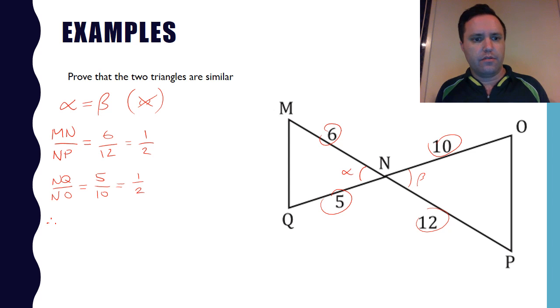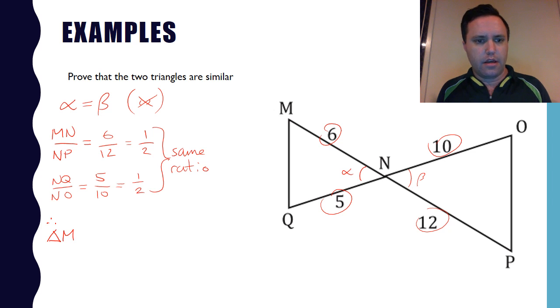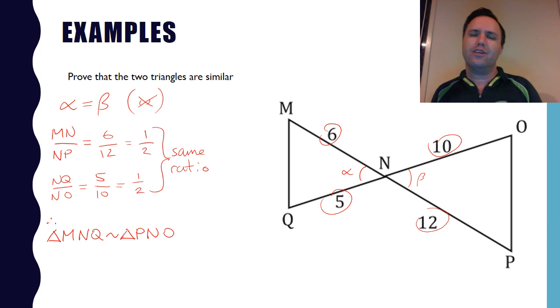Therefore, we can state that these have the same ratio between them. So therefore triangle MNQ is similar to triangle PNO. I tried to make them in that order of the letters and the corresponding sides.